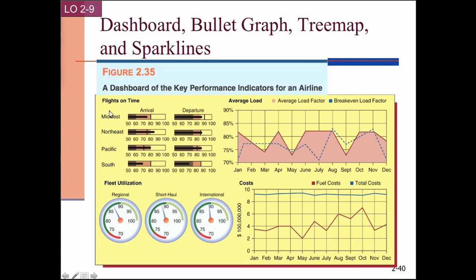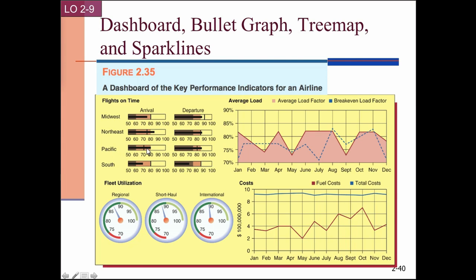And as you can see, the Midwest didn't really fulfill the objective of that year. They came short of that objective. However, the Northeast was able to reach their objective. Their objective was 75, it wasn't 80, and they were able to reach it, and the same for the departure time.